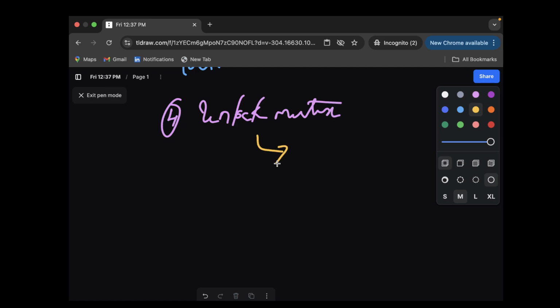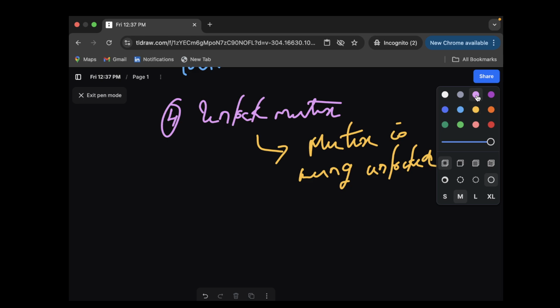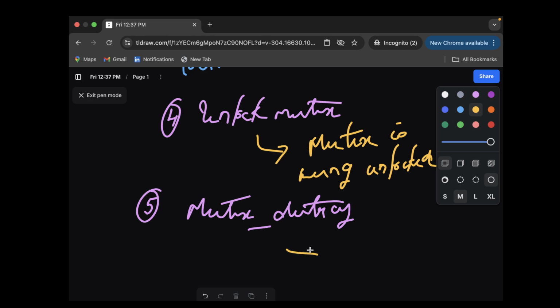Basically, the mutually exclusive, or the mutex, is being unlocked here. Then is my fifth, right? The mutex destroy. What this does is basically destroy, or free, the mutex when it has been done. So when used, destroy or perform garbage collection.